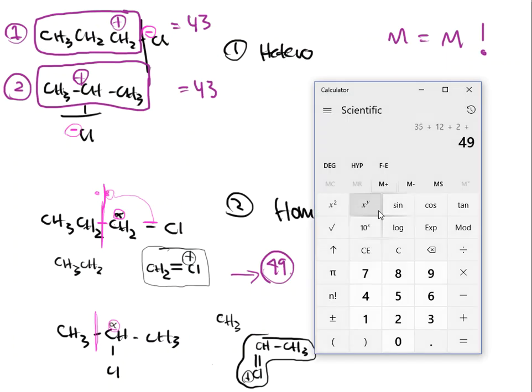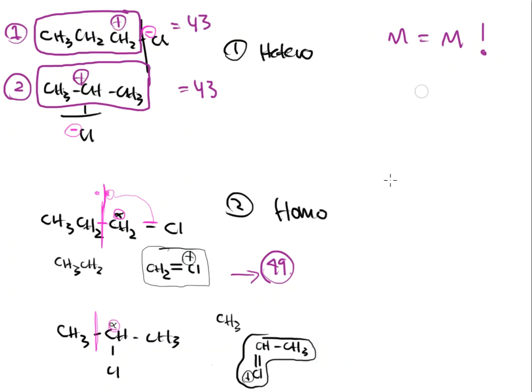If I do it to the bottom piece, the chlorine is 35, the carbon is a 12, and that one has 1 hydrogen on it. I have another carbon from a 12, and then that carbon has 3 more hydrogens, and that gives me a 63. So these are 2 fragments that would be different in the homolytic cleavage part.